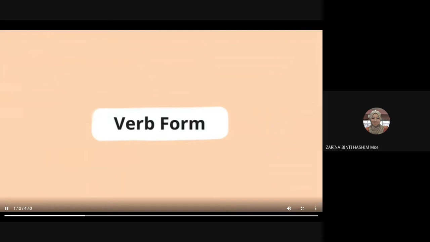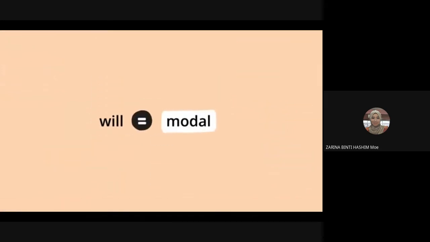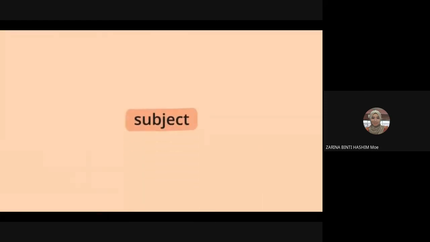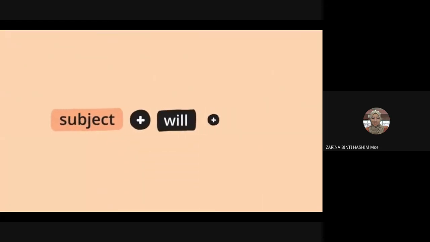How do we form the simple future with will? Will is a modal. Modals are always followed by a base verb. A base verb has no s, ed, or ing ending. The verb form is the same for all subjects.